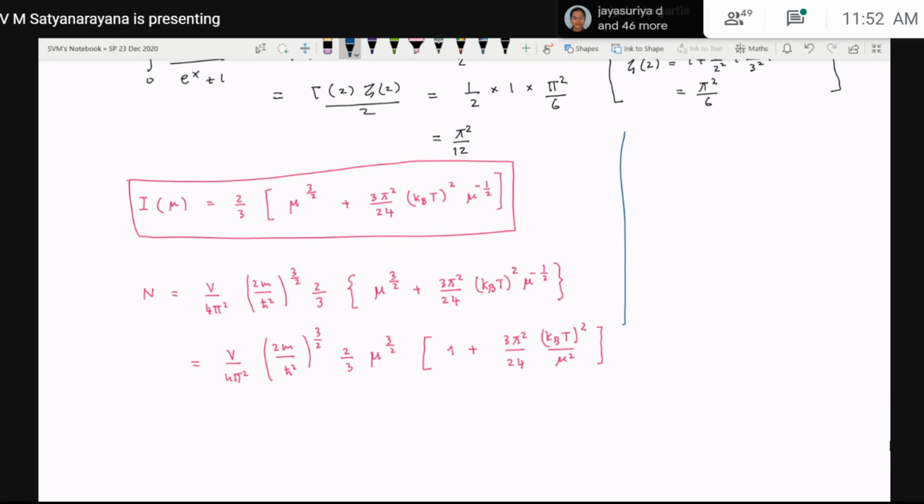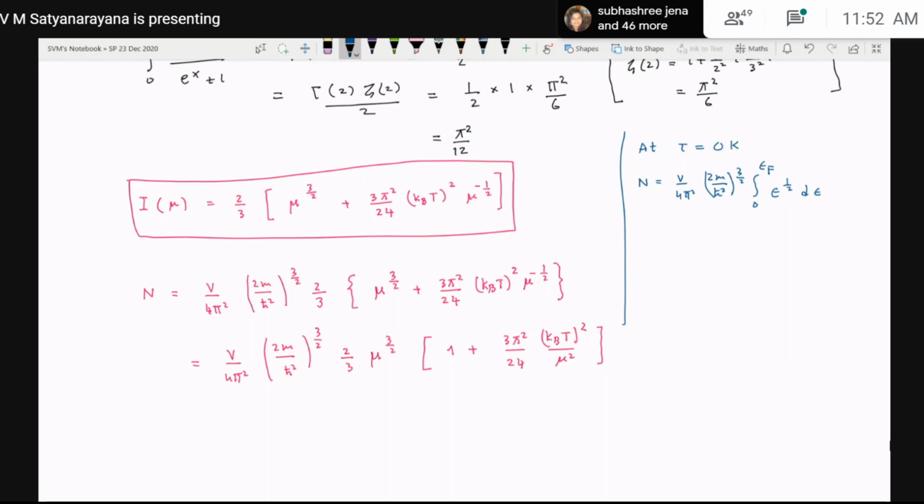So at 0 Kelvin, what would be our n? n is equal to V by 4 pi square (2m by h bar square) to the power 3 by 2 into the integral 0 to epsilon f of epsilon d epsilon.